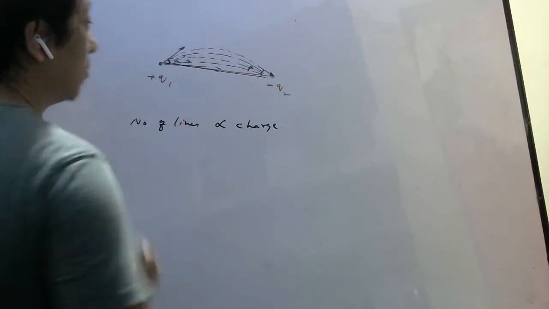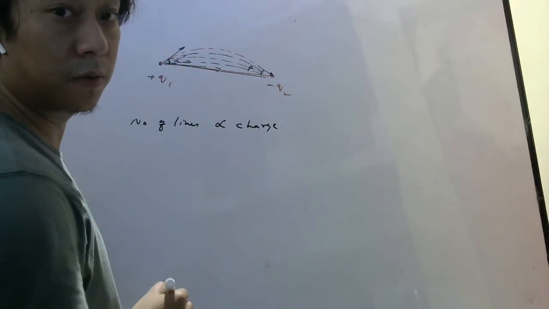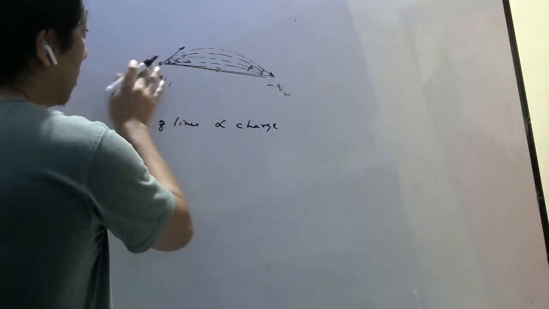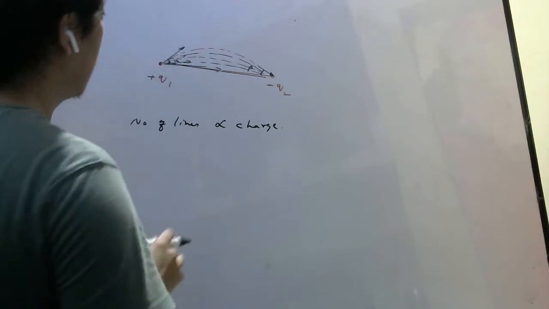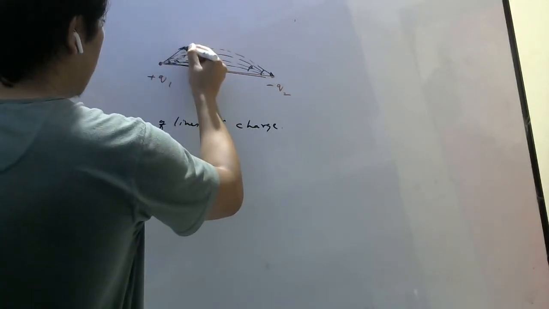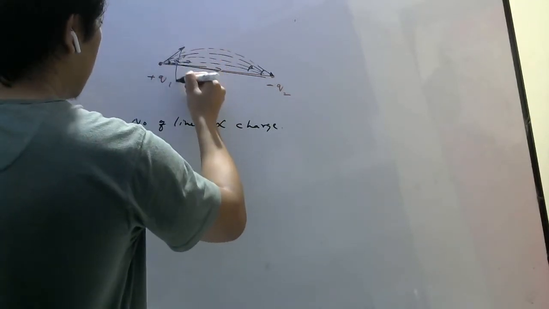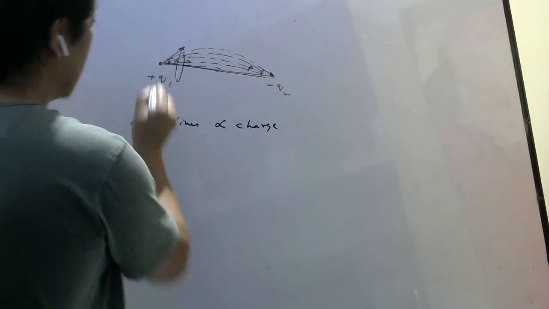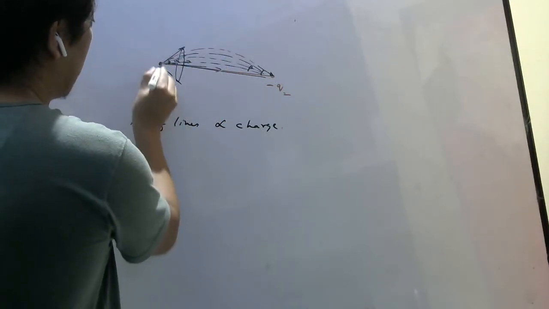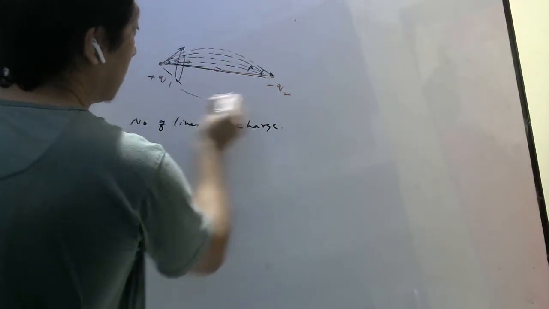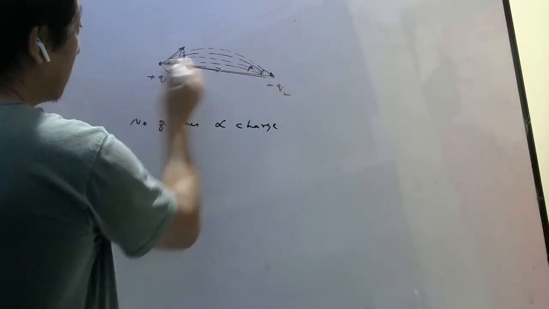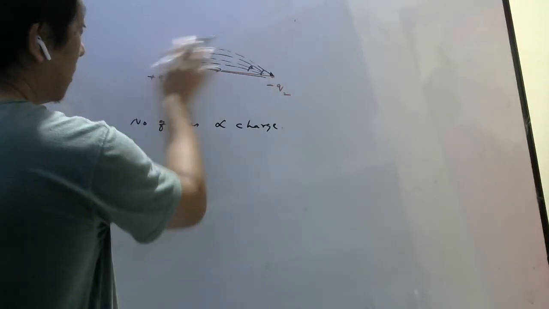Suppose I want to know whatever lines are passing through this angle. What you do is you make a cone here. The same thing you can draw here also, by the way.